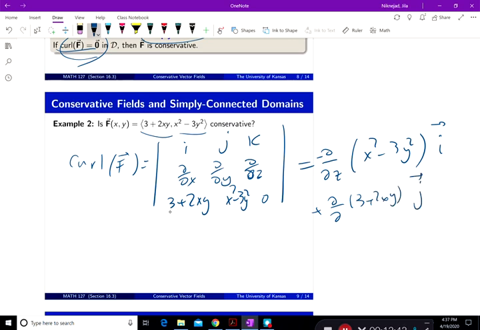Again, this is going to be 0 because it's partial with respect to z. The only one that is not going to be 0 is the k-th component.